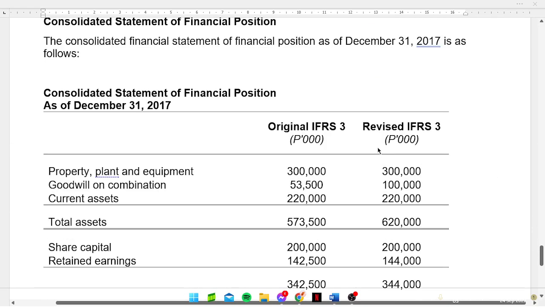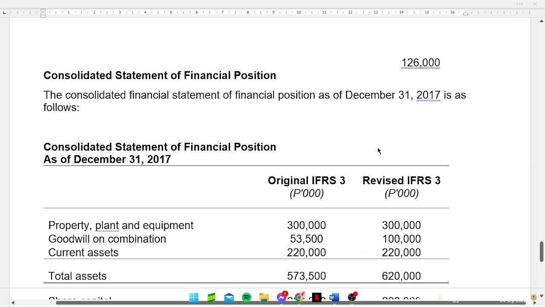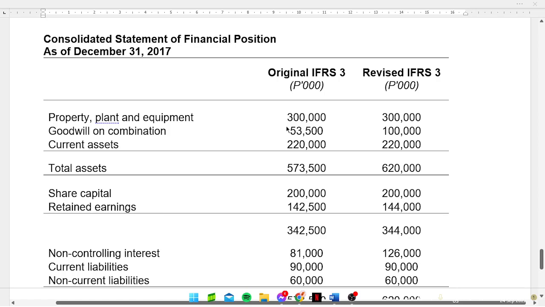Ito directly na. So to get the consolidated statement of financial position as of December 31 is as follows. Consolidated statement of financial position, original IFRS: property, plant and equipment of 300,000, same as the revised IFRS 3. Goodwill on combination is 53,500 and 100,000. The current asset is 220,000 for both original and revised IFRS to get the total asset of 573,500 and 620,000.